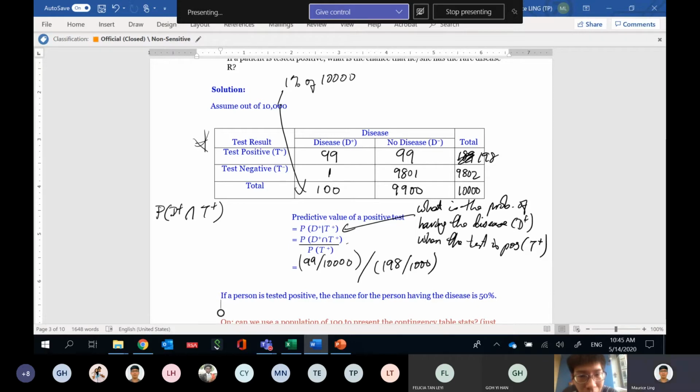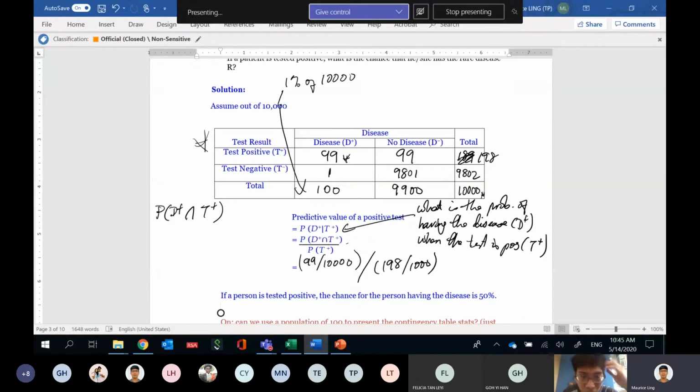Over total population, yes, 10,000. Correct. So it's actually this number divided by this number. So it's not the one with no disease. It's the one with the disease.